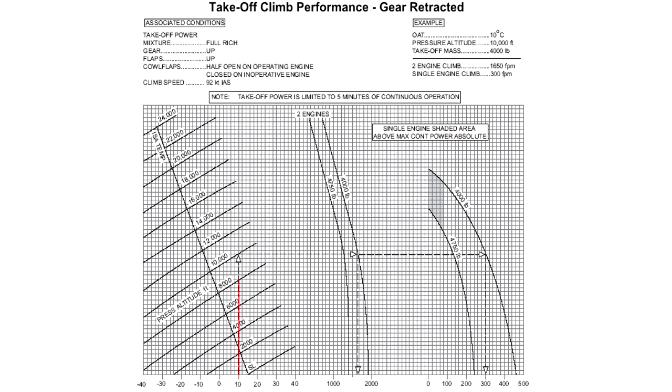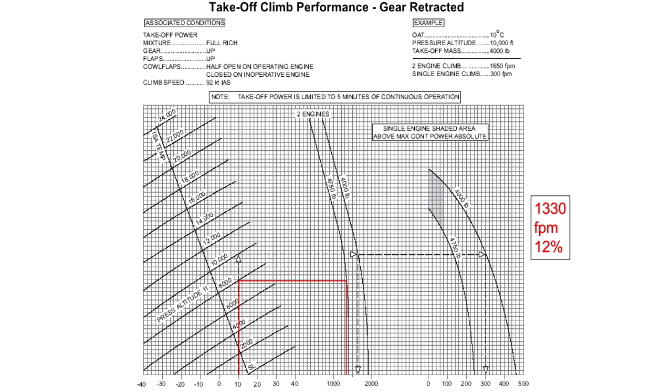Working through the graph, let us assume the temperature is 10 degrees centigrade at an airfield 8,000 feet above mean sea level and a weight of 4,750 pounds. It can be seen that the all-engine rate of climb is 1,330 feet per minute. This equates to an approximate climb gradient of 12%. This is the gross gradient.